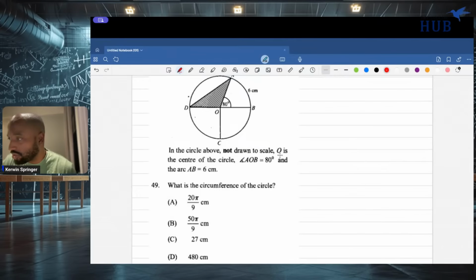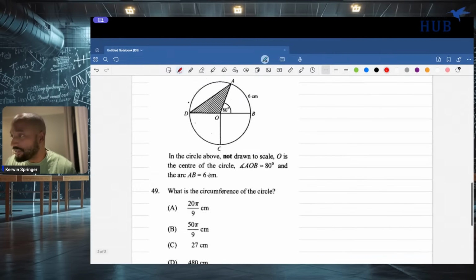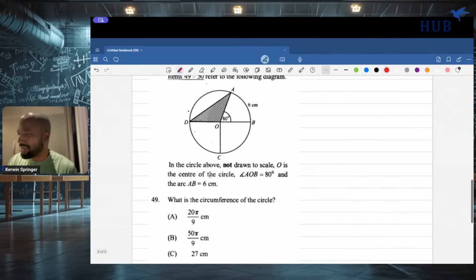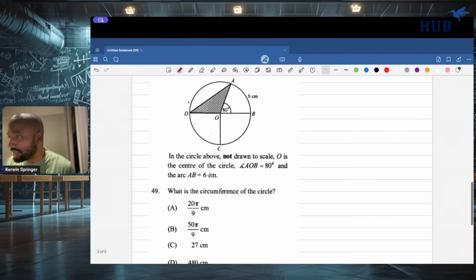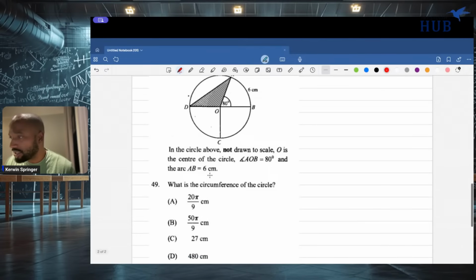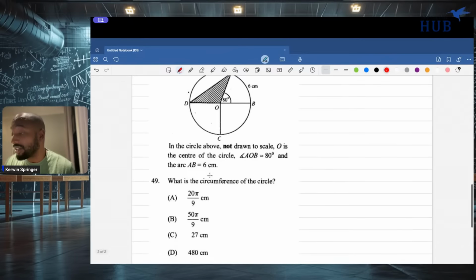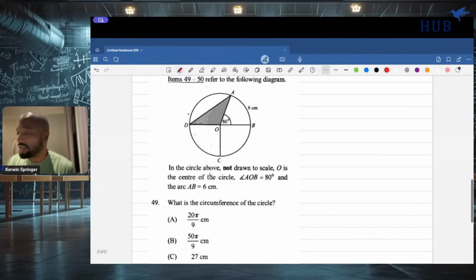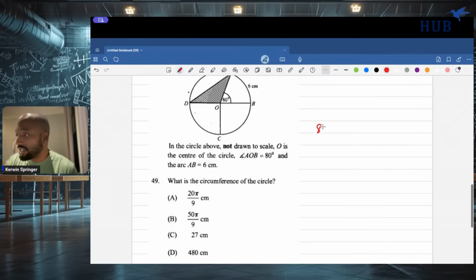The circle above is not drawn to scale. O is the center of the circle, angle AOB is 80, and the arc AB is 6. What is the circumference of the circle? If this is 80 degrees, 80 degrees represents 6 cm.